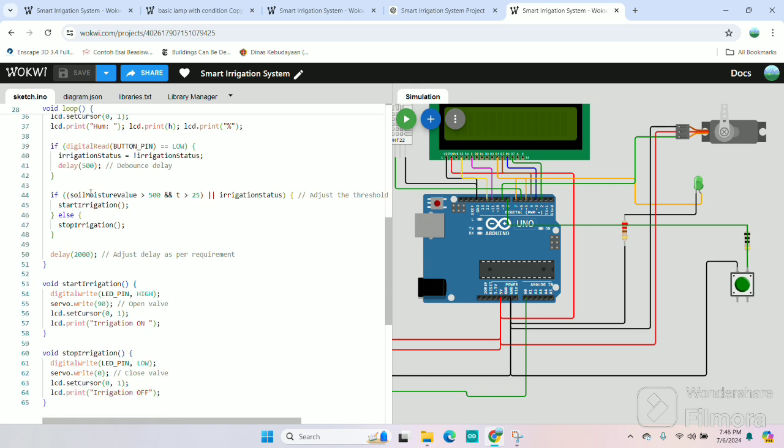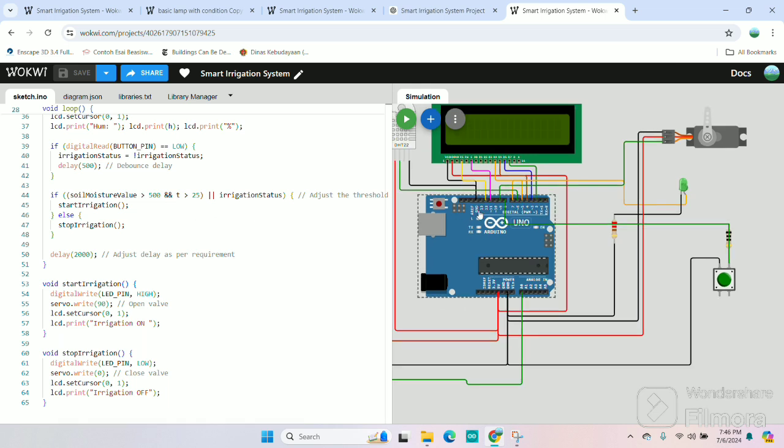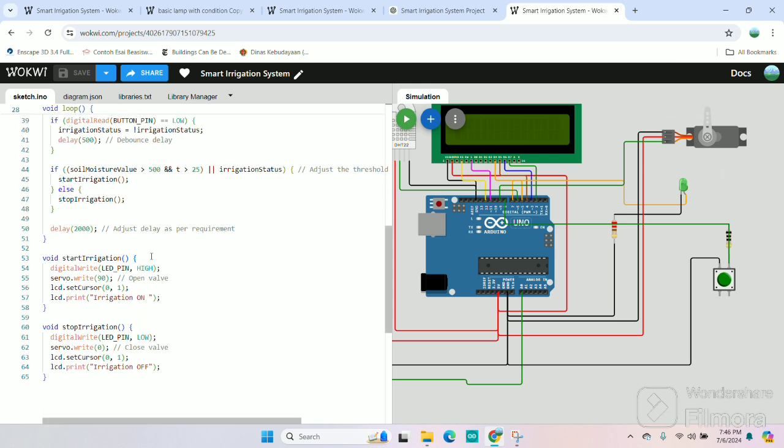And then this one, if the soil moisture value, or you can say the resistance, is greater than 500 ohms and the temperature is greater than 25 degrees Celsius, the system will be active, and then the servo will be on.